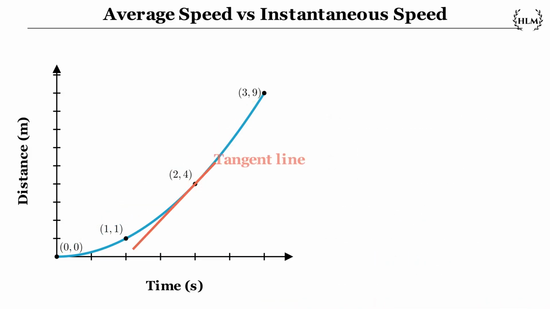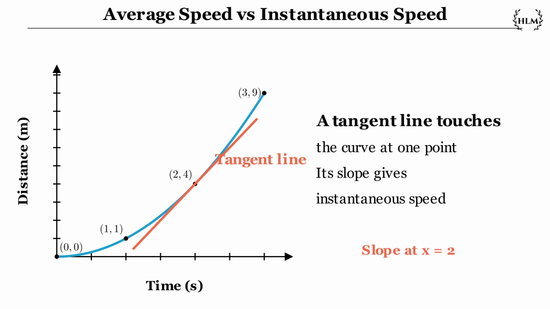That's exactly what a derivative is for. Because using a derivative, you will get a formula that tells you the slope at any point, the slope of a curve at 2 seconds. So what do we mean by slope of a curve? You would need to draw a line that just touches the curve at 2 and is linear.